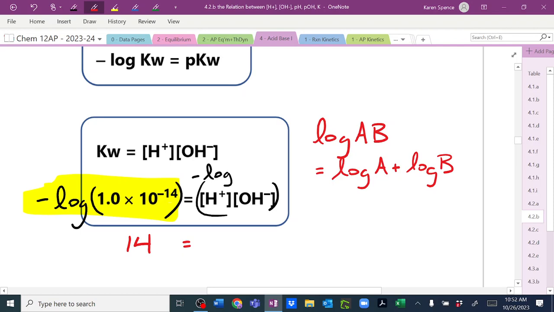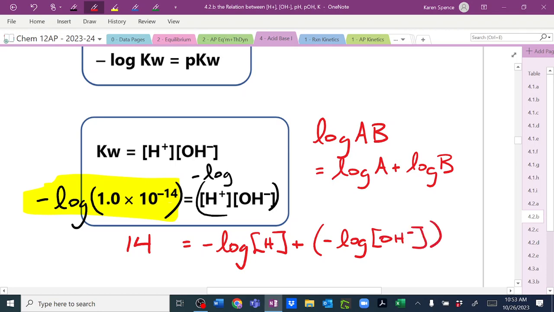You don't need to know how to derive it. But this is how it comes across. So if we have the negative log of H plus times OH minus, what that means is we're going to have the negative log of H plus the negative log of OH.